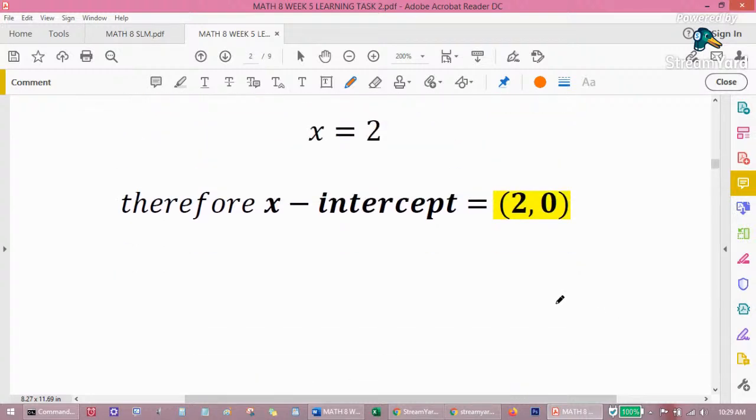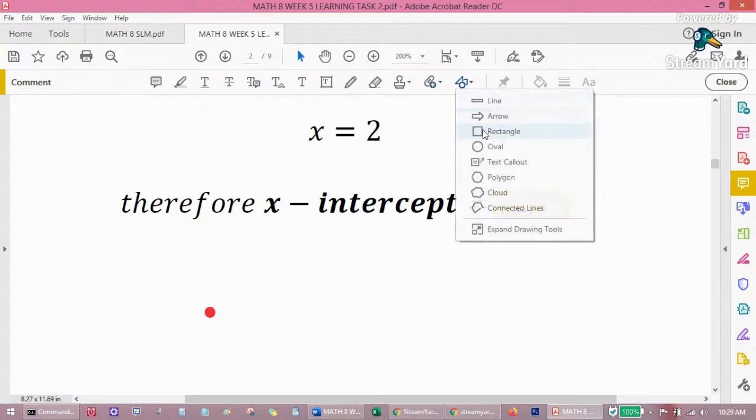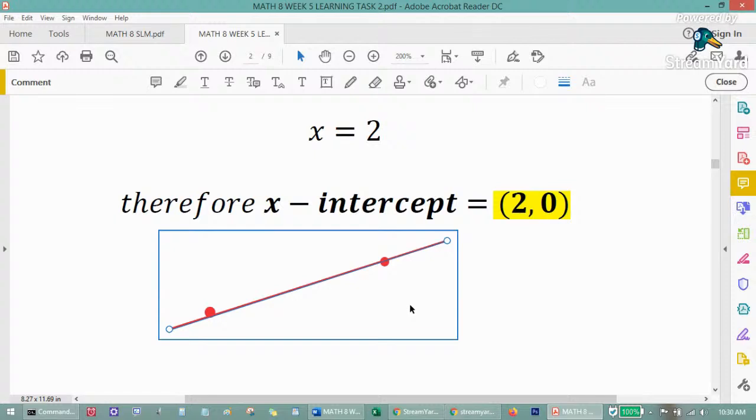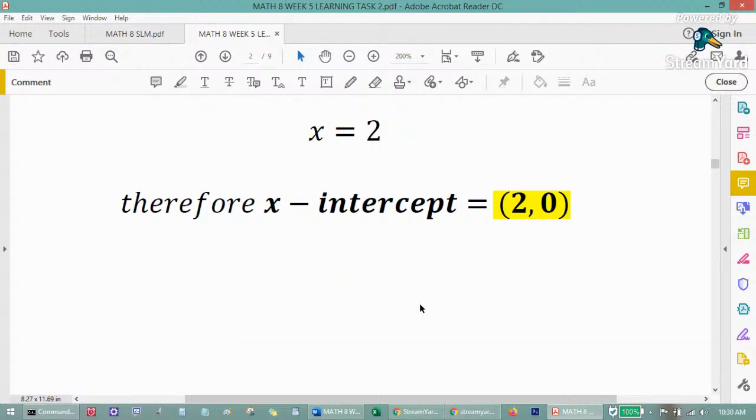So, para makadrawing tayo ng line, kailangan natin ng 2 points. Kailangan natin ng 2 points so that kukonekta natin yung dalawa. Kailangan mo ng 2 points para makapag-graph ng isang line.